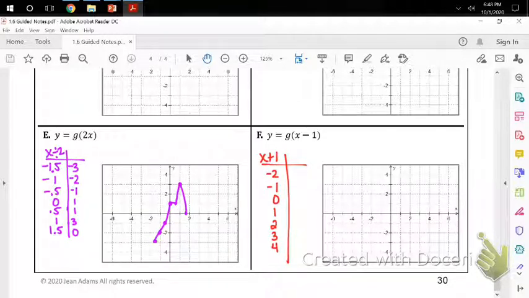And my y's are going to stay the same. And there is our graph.